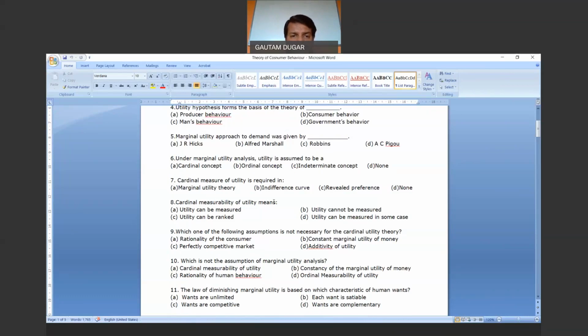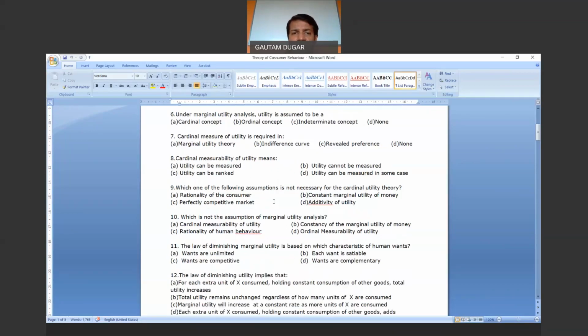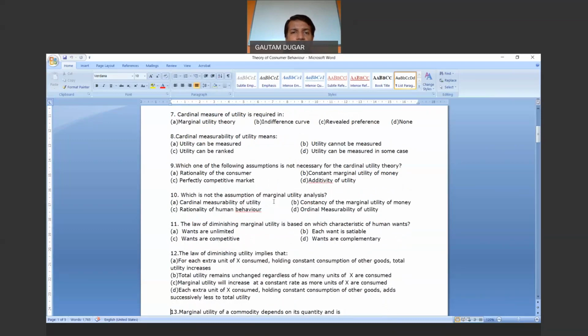So number 6, under marginal utility analysis, utility is assumed to be a cardinal concept. Cardinal measurement of utility is required in marginal utility theory. So 7 is A. 8. Cardinal measurability of utility means utility can be measured. 8 is A.